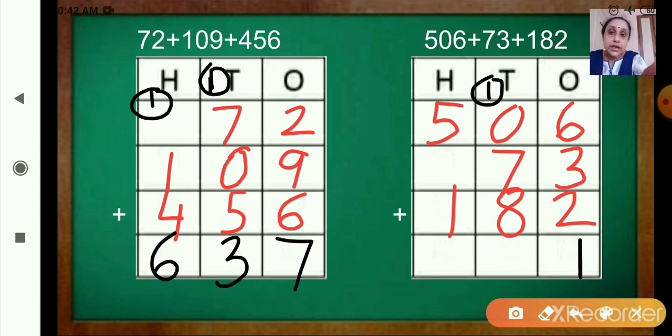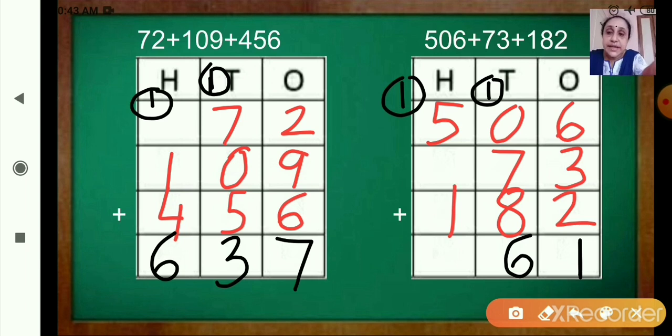What will you be adding now? 1 plus 0, 1. And 1 plus 7, 8. Yes, 8. Slowly do. And 8 plus 8, 16. So write only 6 there, and 1 will be carried over here.